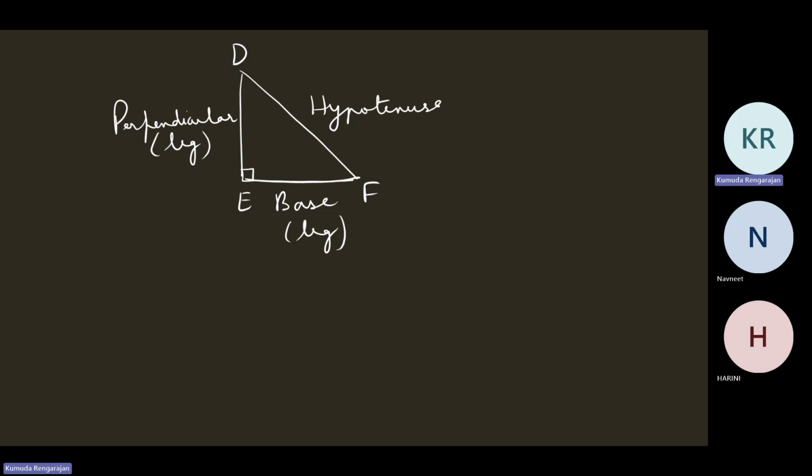Now, this is how the Pythagoras theorem goes. The result by the Pythagoras theorem is about the square on the hypotenuse. Let's write all the three sides first: DE, EF, DF. These are the three sides of this right triangle. Now square all the three sides: DE square, EF square, DF square.